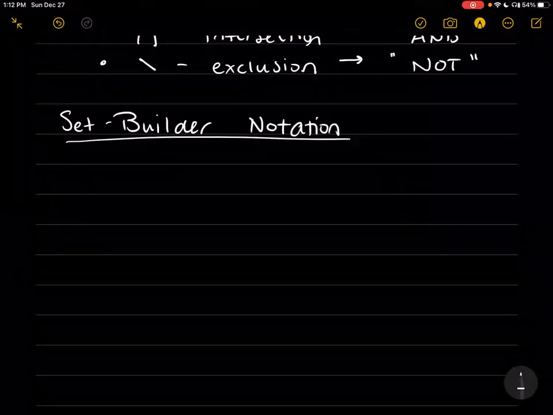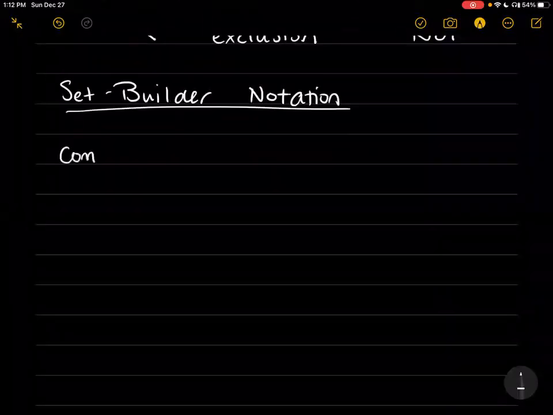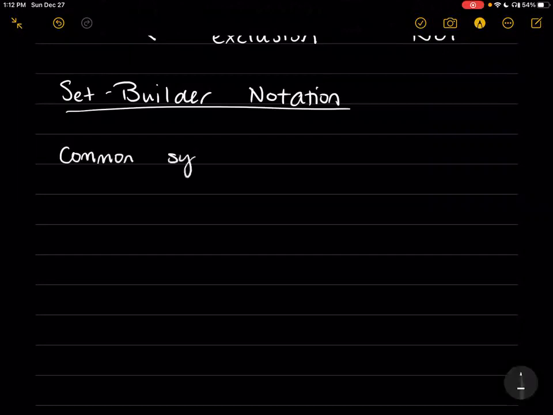And to do that, I'm also going to introduce some other very common symbols in math that I'm going to show you now, just so you know what they mean when I write them down. And then you can also use them in your homework, of course. So the first one is this weird looking Z thing. This typeface is called Blackboard Bold.